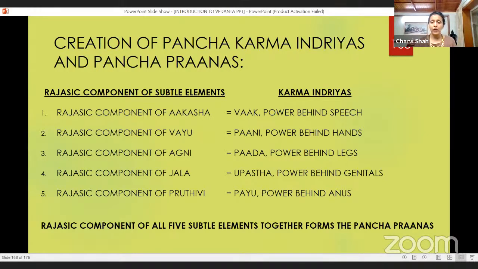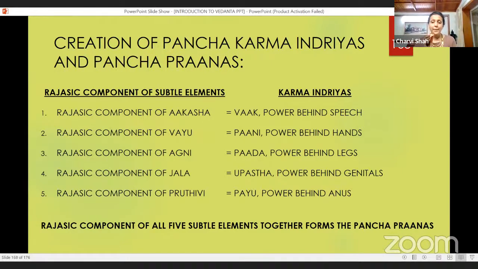The rajasic component of Agni, the power behind the legs. The rajasic component of Jala is the power behind the genitals. And the rajasic component of Prithvi is the power behind the organ of evacuation. So all the 5 karmendriyas are born out of the rajasic component of the Pancha Mahabhutas, the Sukshma Bhutas.